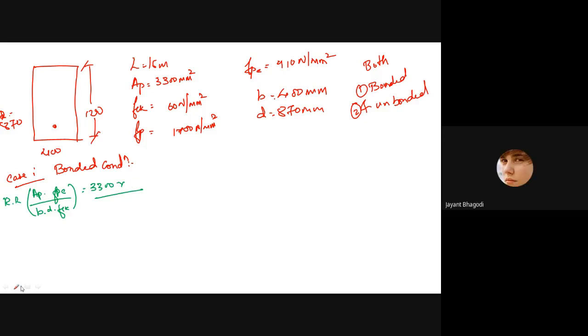So reinforcement ratio is 0.14. How much? 0.14. Okay.